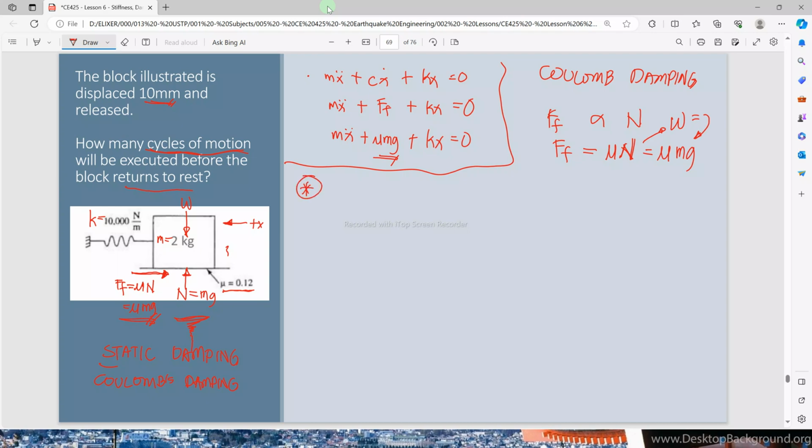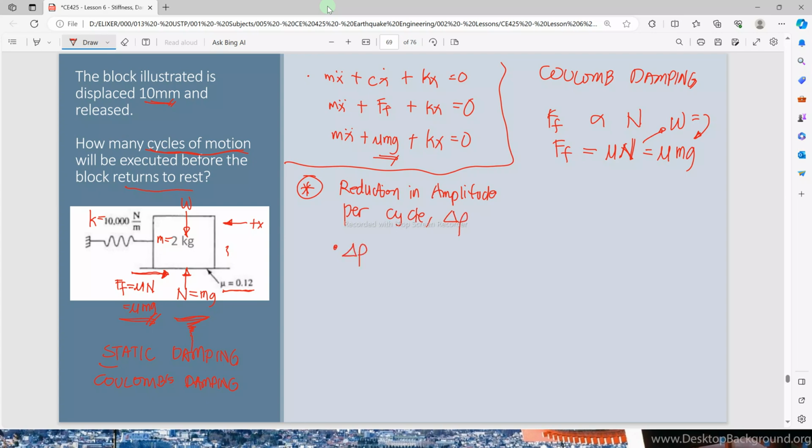Again, what new formulas do we consider here? We have the reduction in amplitude per cycle. Let's denote the reduction in amplitude as delta rho.